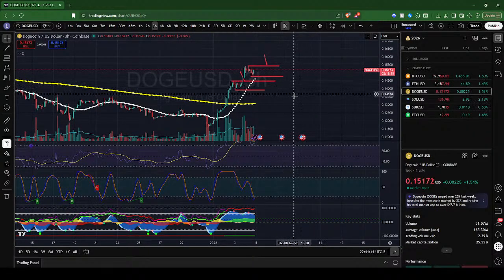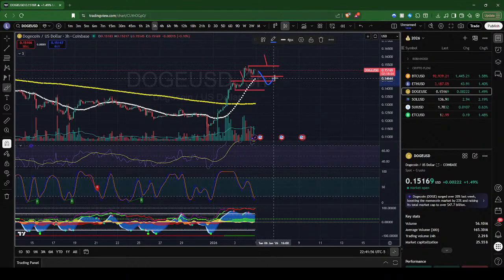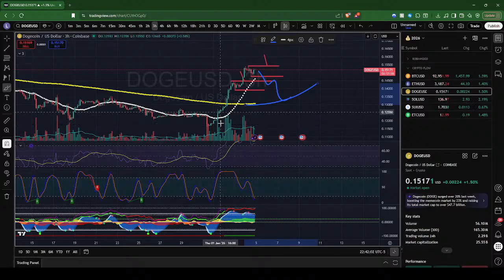And if not, we'll come back down to 14 cents, test the 13.5, and we have some moving averages below it. So we're getting a little high on the moving averages on the 3-hour. We might have to come back down and test some of these moving averages so they cross together. So we'll see what happens.